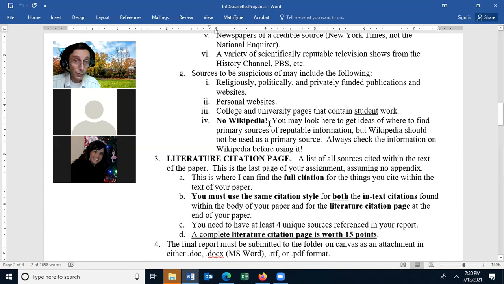You should not use Wikipedia because anyone can change the content of Wikipedia. You may use Wikipedia to get background information, but don't put it in your citation. What you can do is look in Wikipedia for their sources and then cite their sources.